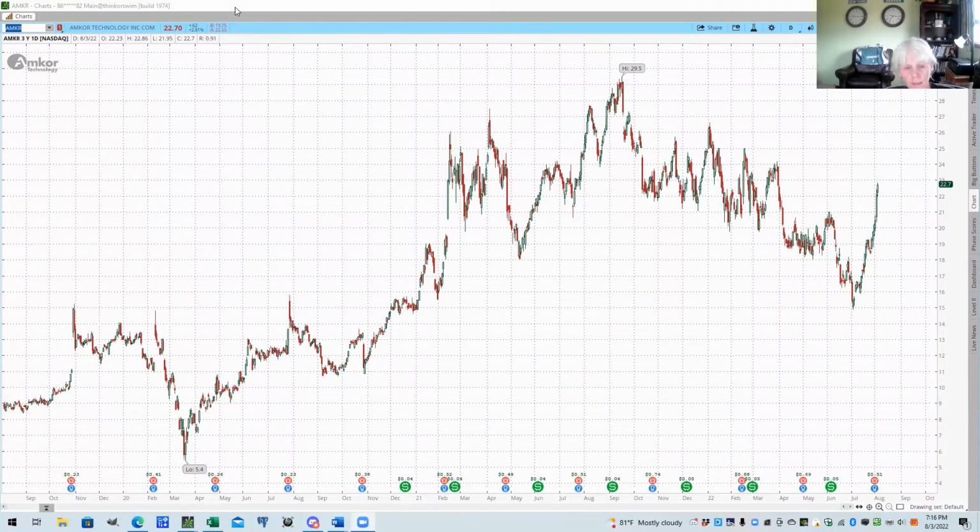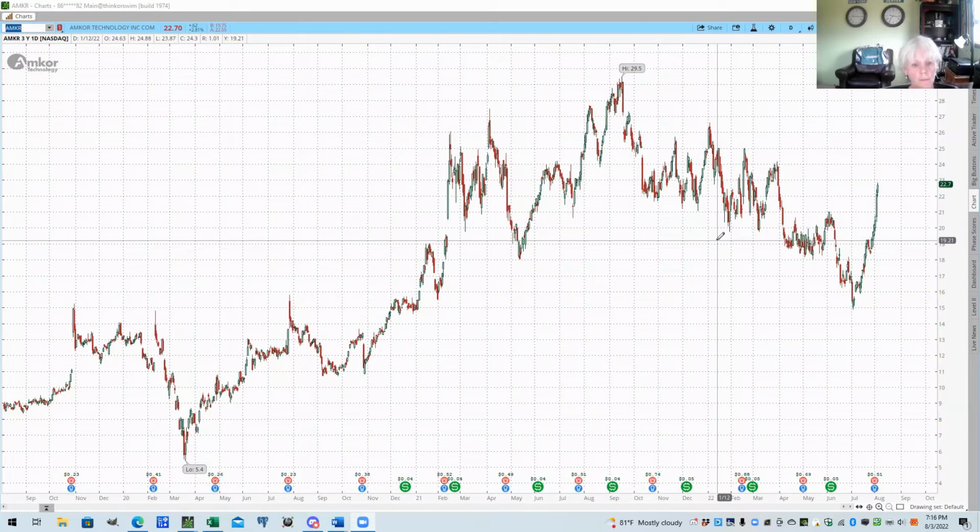AMKR, and it has a head and shoulders. Maybe some of you can tell, but when I first look at this, it's like, wow, just a lot of scribbly lines. What am I supposed to do with this?